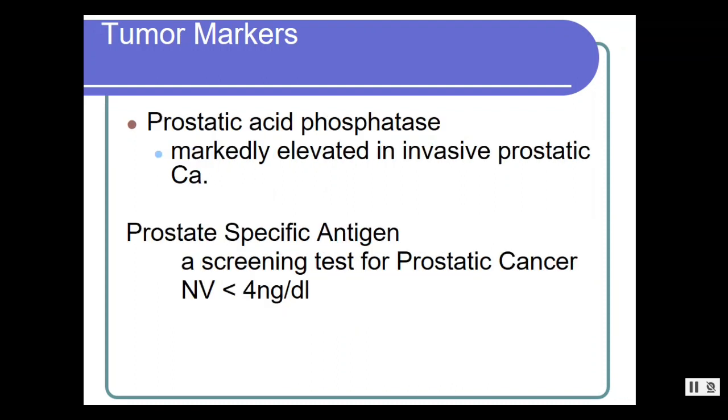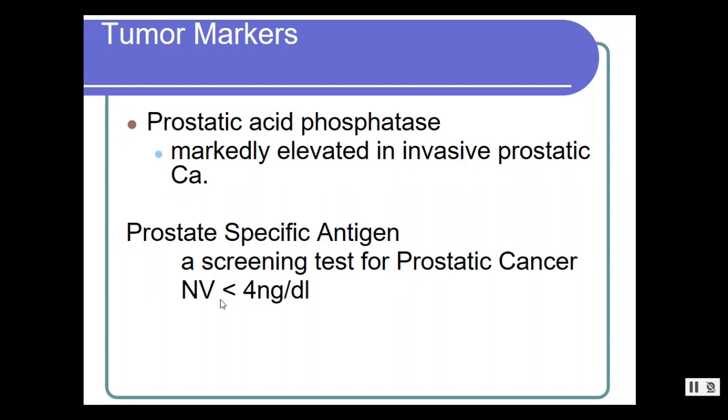Yan. Now, another is the prostatic acid phosphatase. This is measured again in the blood, and it indicates that you have an invasive prostatic cancer, meaning nagmetastasize na ang prostatic cancer. What is more commonly used today is your prostate-specific antigen, which is a screening test for prostatic cancer.